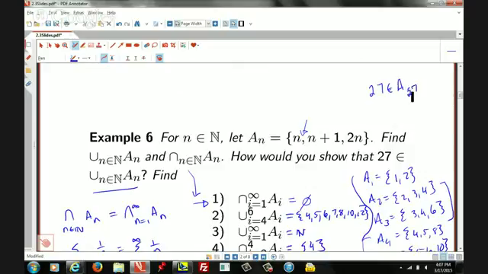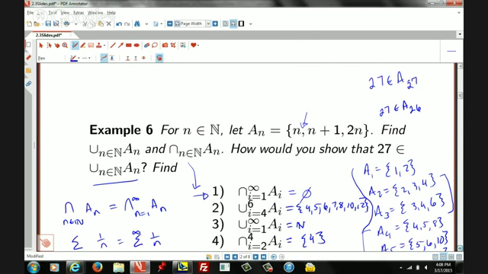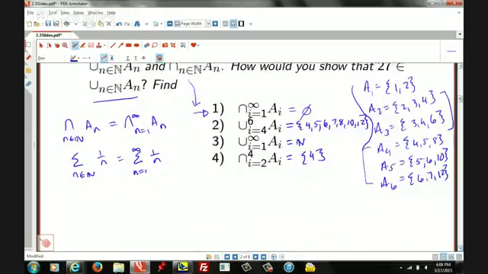At A sub 27. Yeah, because would it also be in A26? Yes. There is another, but that one's harder. Okay, that answers all the questions on that page. You have a bunch of homework like that. Can you do that? Yeah, that's the easy homework.